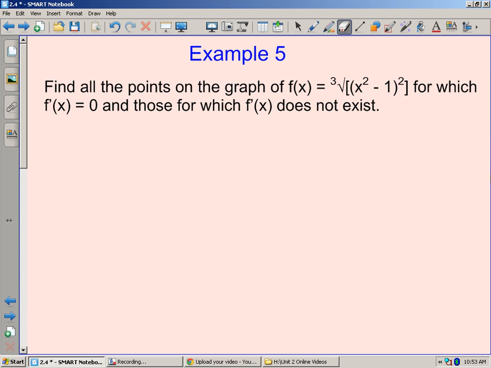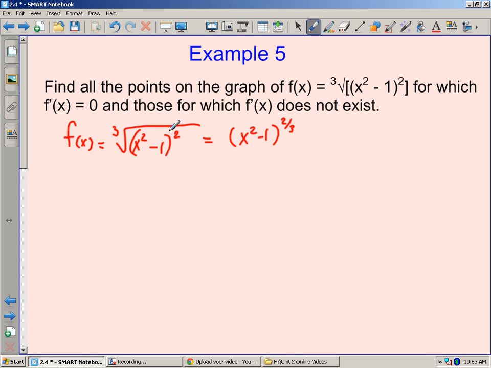Let's write f of x again, because it looks so confusing the way it's typed. I have x squared minus 1, and the whole thing is squared. So really I could write this, if you'd rather, as x squared minus 1 to the 2/3 power. That's a little better because I'm taking the cube root and I'm squaring it.